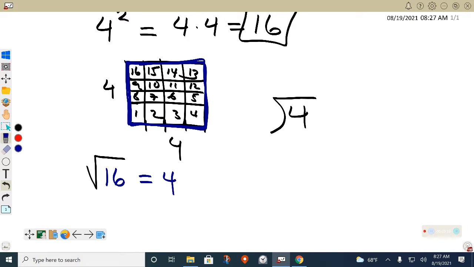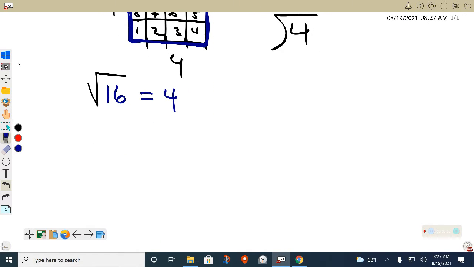And what ends up happening is, if I take 4 to the second power, and the square root of 4, they're kind of like opposites of each other. Taking the second power and square rooting are opposites.